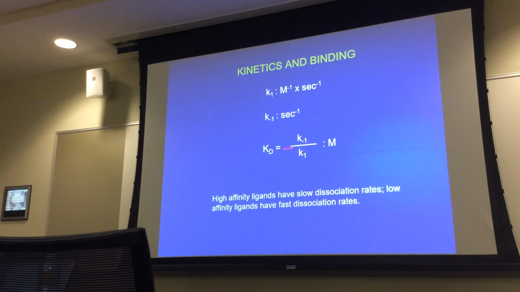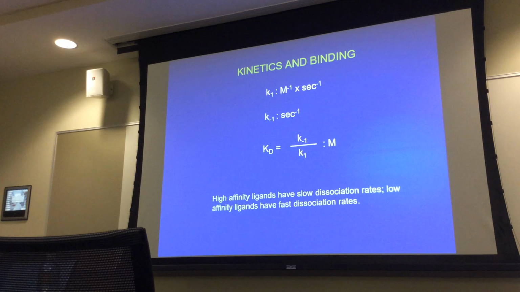And this equation basically is telling you that if a drug has a high affinity for its receptor, it will have a low dissociation rate. And if a drug has a low affinity for its receptor, it will have a very rapid dissociation rate.